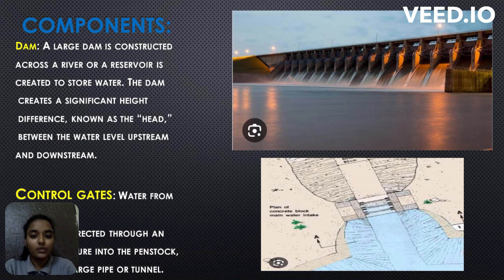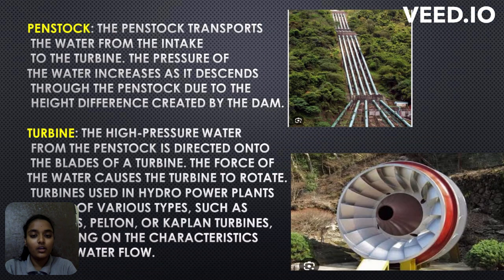Next component, control gates. Water from the reservoir or river is directed through an intake structure into the penstock, which is a large pipe or tunnel. Next component is penstock. The penstock transports the water from the intake to the turbine.